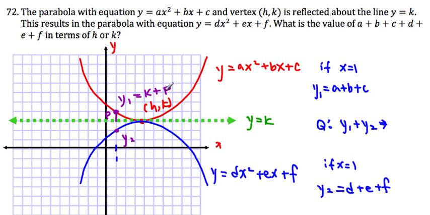So k plus p would have been y1, and y2, by symmetry, this would also be p. y2 would have been k minus p.